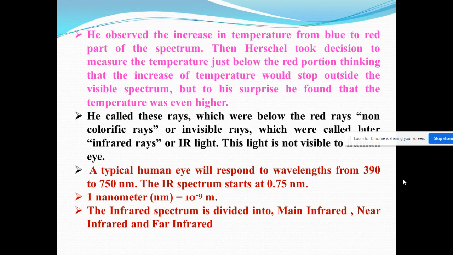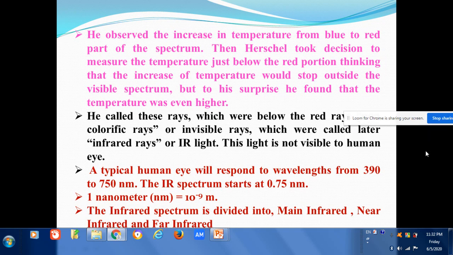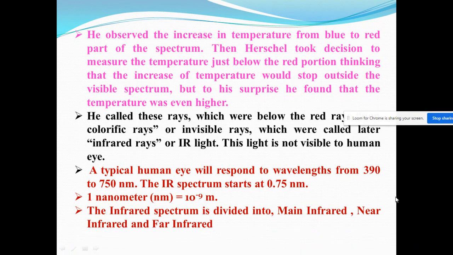He called these rays, which were below the red rays, non-caloric rays or invisible rays, which were later called infrared rays or IR light. This light is not visible to the human eye.